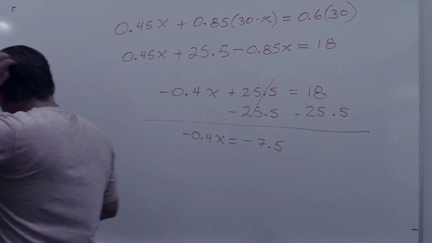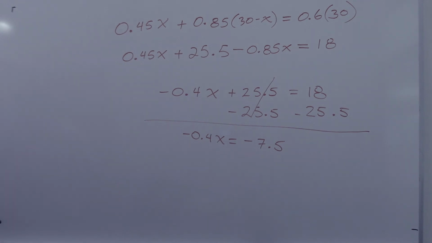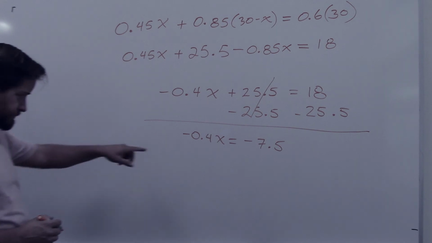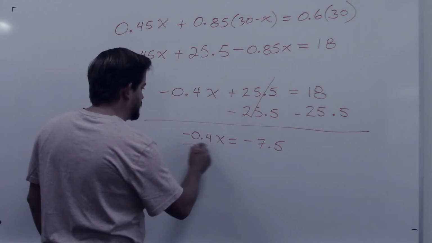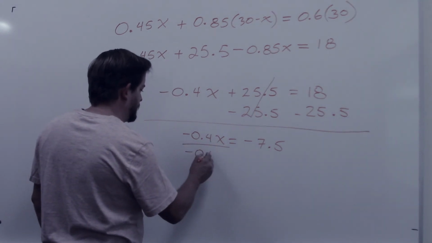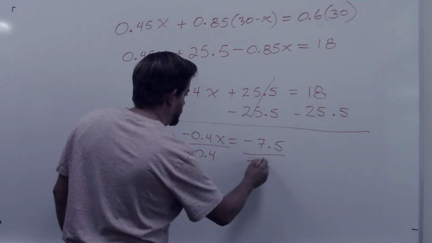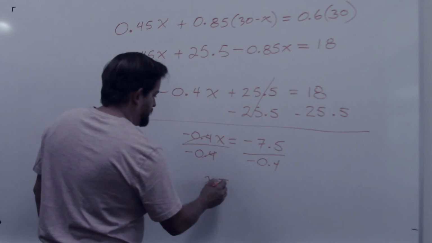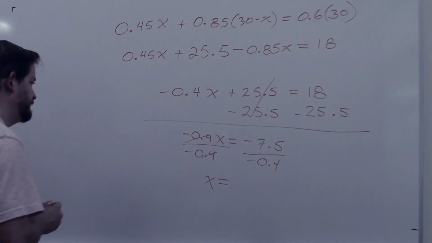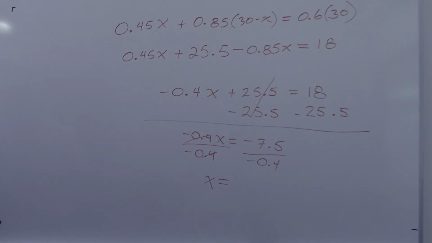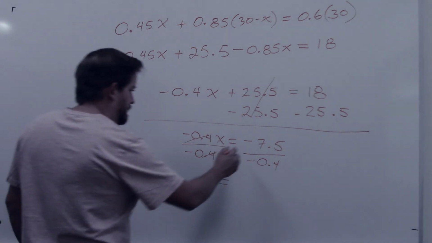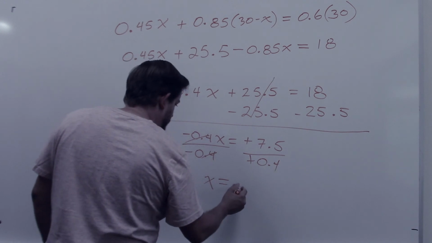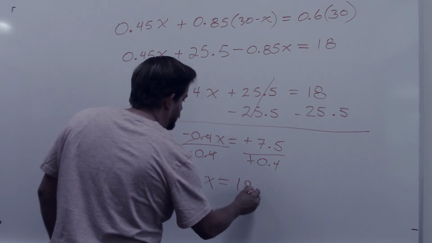Then we'll divide each side by negative 0.4. That gives me X equals, the negatives cancel out, and that leaves me with 18.75.